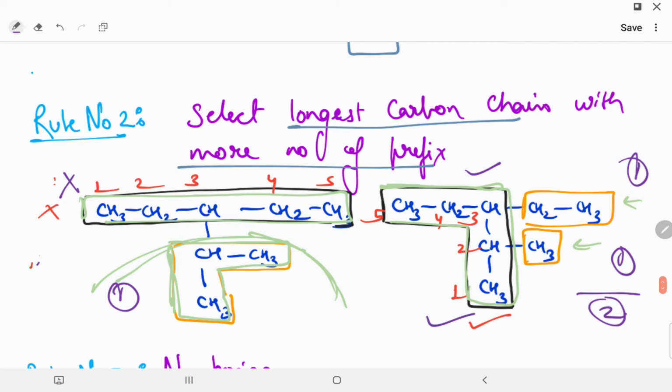So the longest chain with more number of prefixes: here the longest chain contains 5 carbons and in the other also 5 carbons, but 2 prefixes versus 1 prefix. So this is correct, this is not correct.